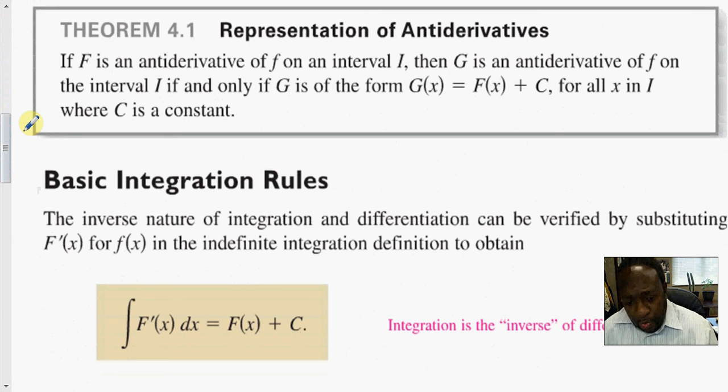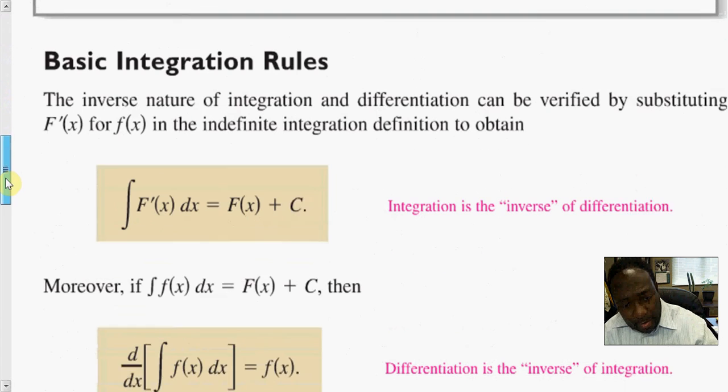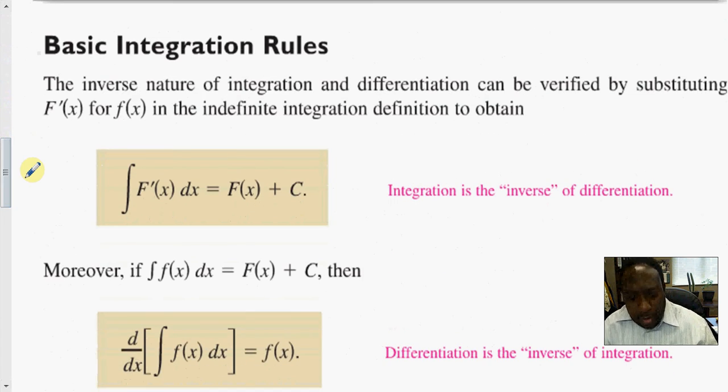We don't necessarily talk about the integral or the antiderivative of 0, but we understand that it exhibits some type of number that we call a constant c, to be determined. Basic integration rules.